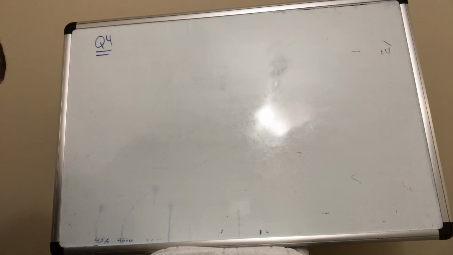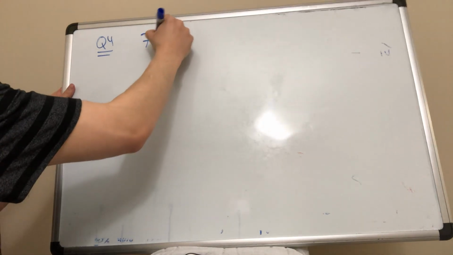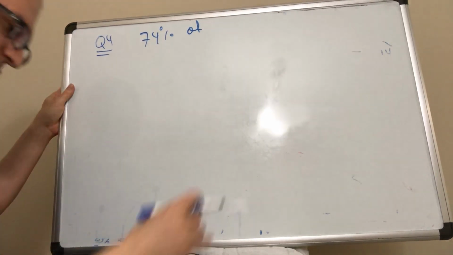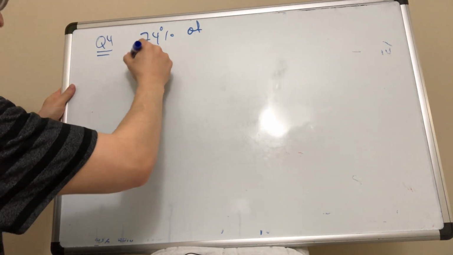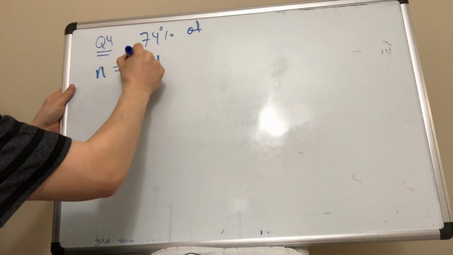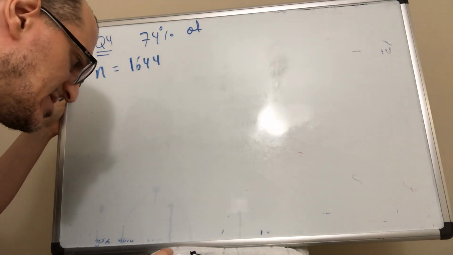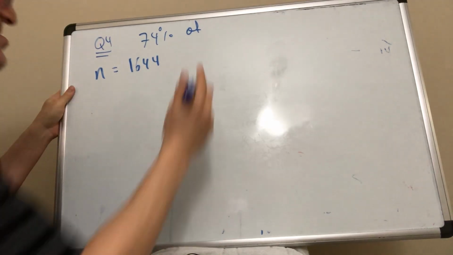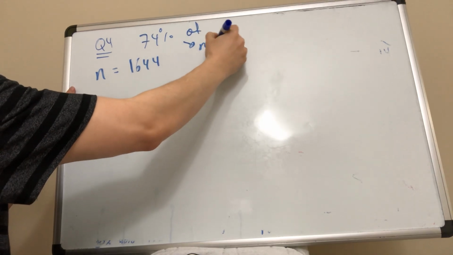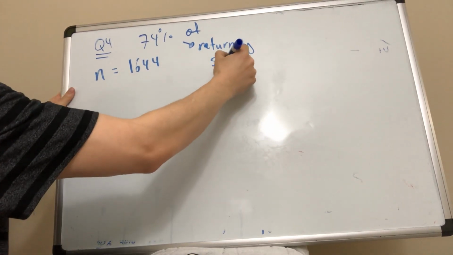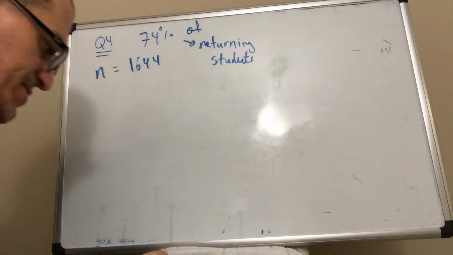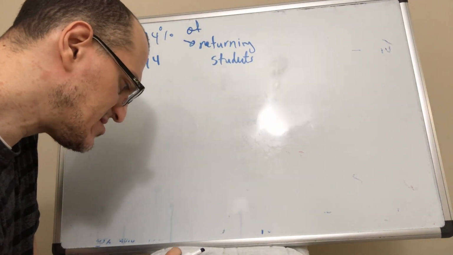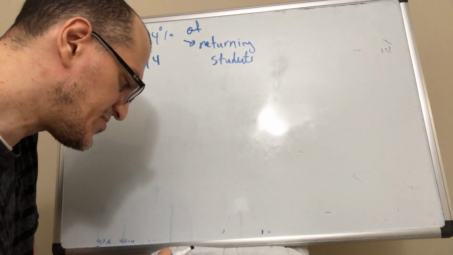Now, in question 4, they say 74% of 1644 randomly selected college freshmen return to college next year. These are the percentage of returning students. Now, estimate the national proportion of freshmen returned.